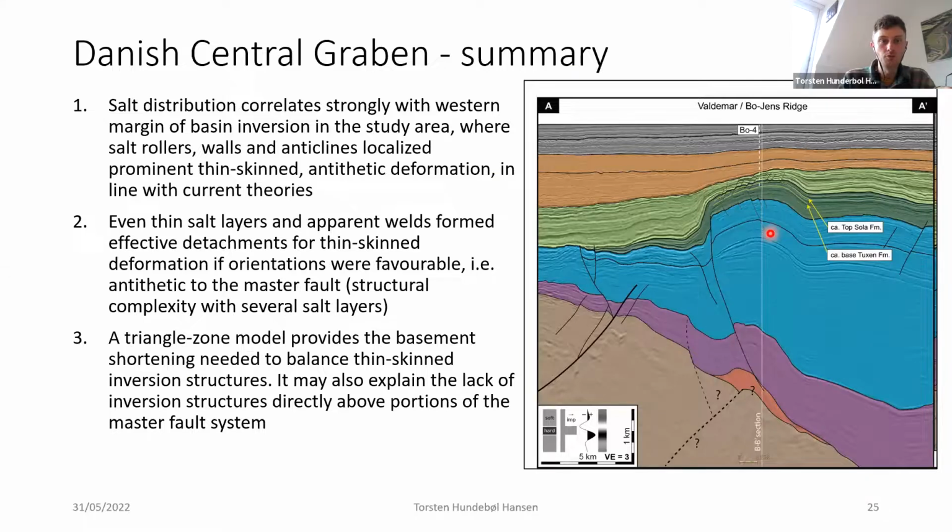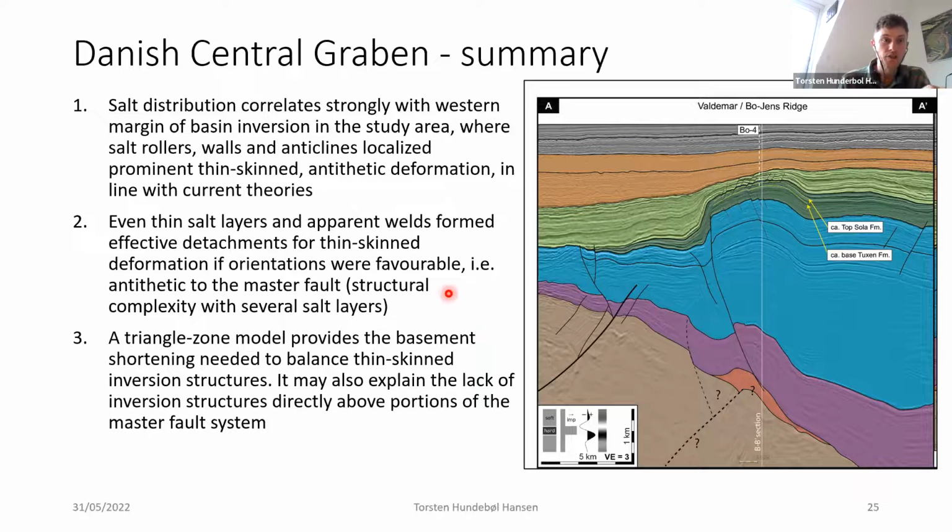Okay, so that's not really a quick summary, is it? But yeah, salt distribution correlates along the western margin of the inverted zones in the study area. Salt distribution and structures correlate very nicely with the inversion structures above, because the salt structures would be effective in localizing shortening during inversion to form these thin-skinned structures above.